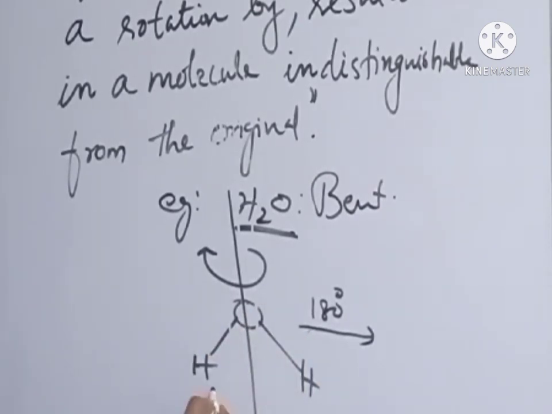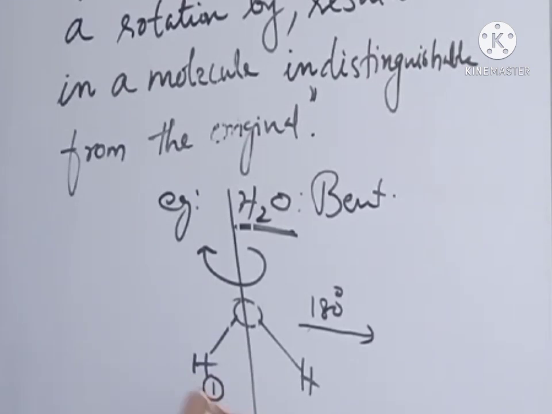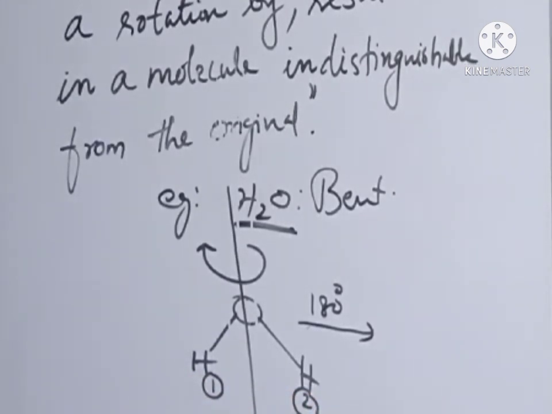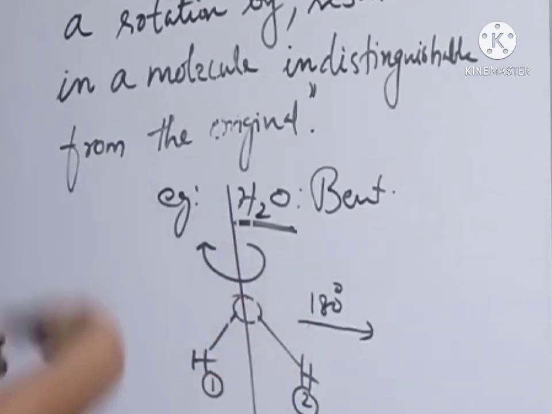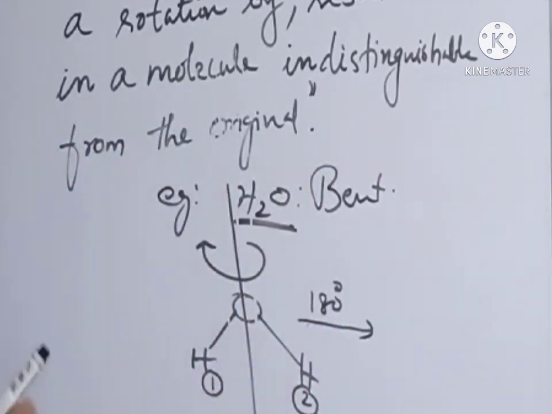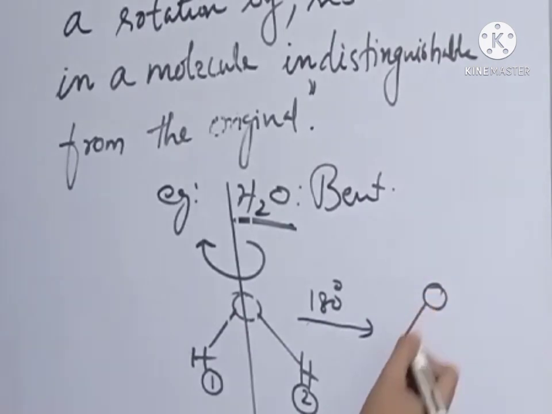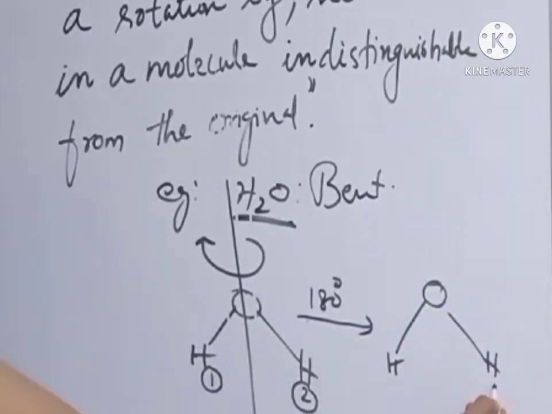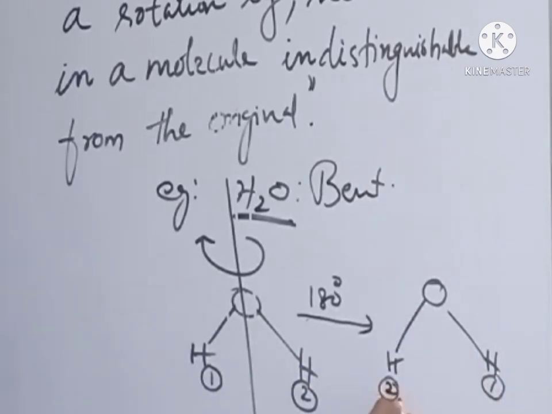If I mark this hydrogen as 1 and this hydrogen as 2, both are identical groups. If I rotate 180 degrees, the molecule will appear like this, and hydrogen 1 will be here and hydrogen 2 will be here.